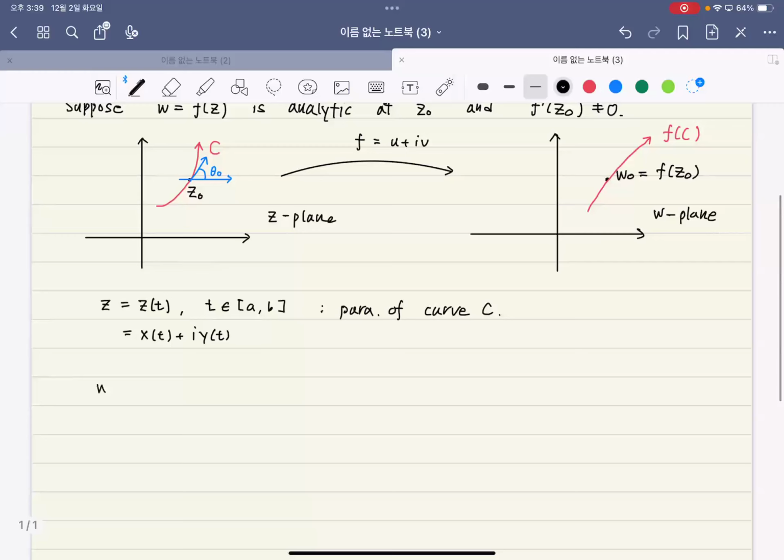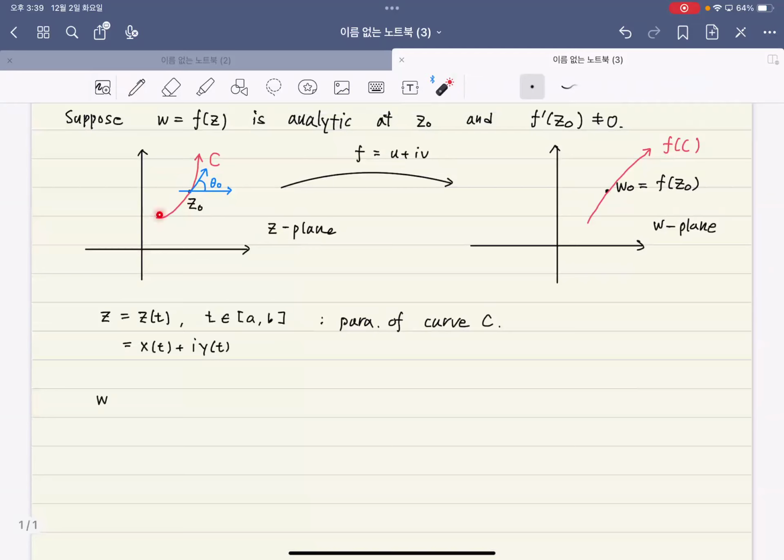And the image curve, because I have the parameterization of this curve, this parameterization also gives us the parameterization of this image curve. So what is that? Which I will call w of t, which is nothing but the composition of this parameterization under the map f.